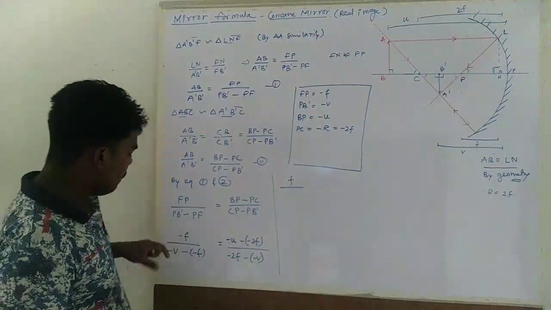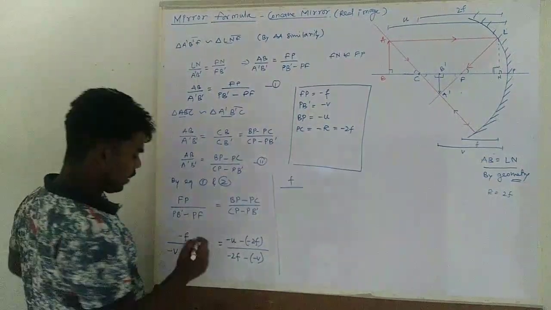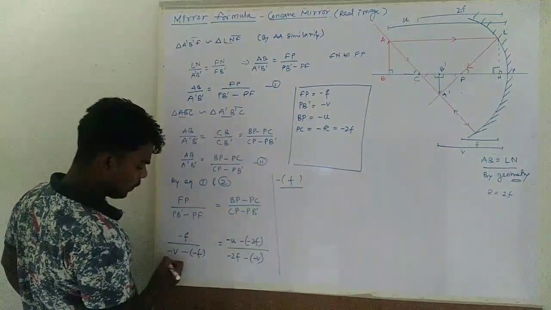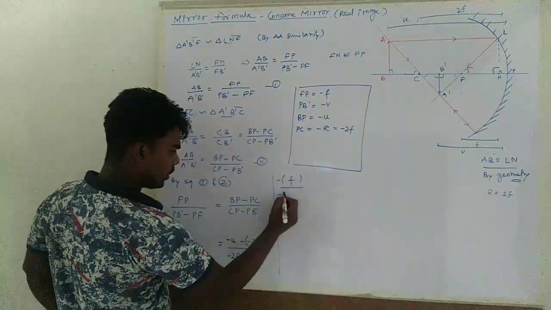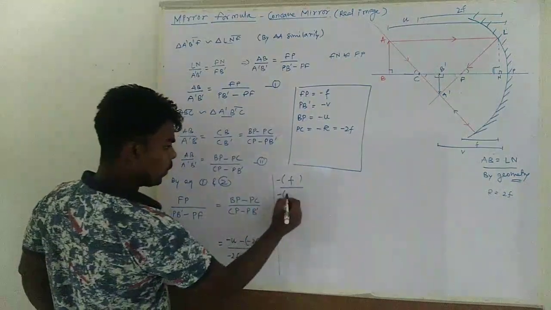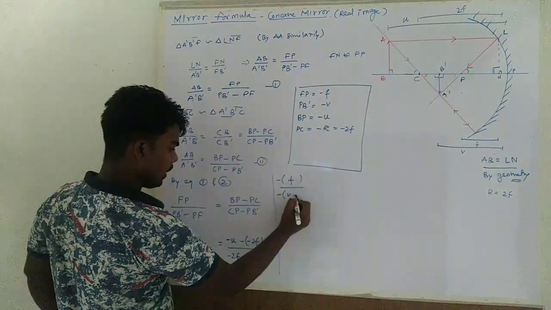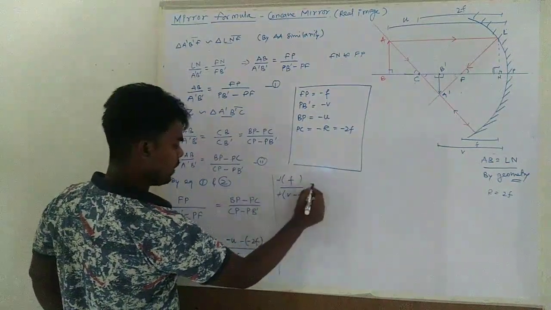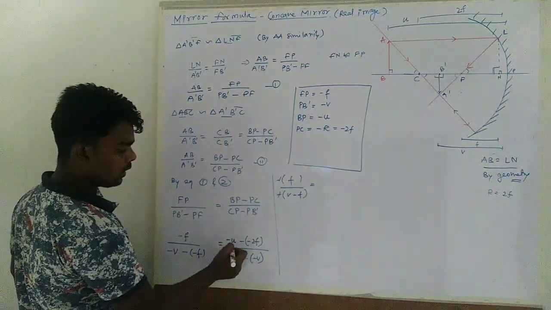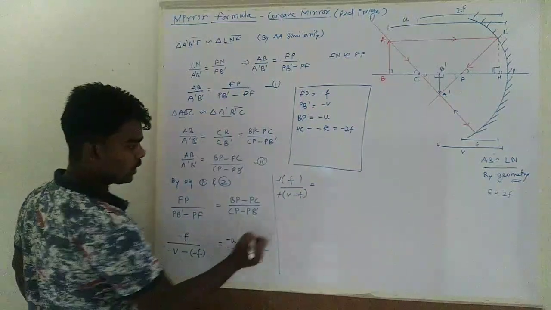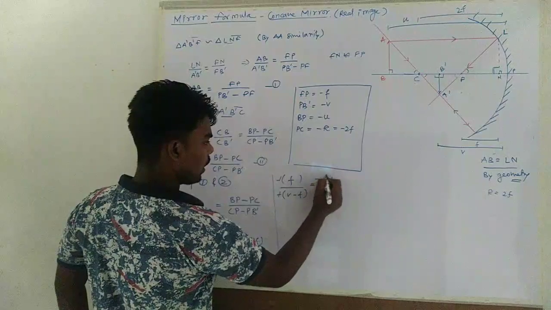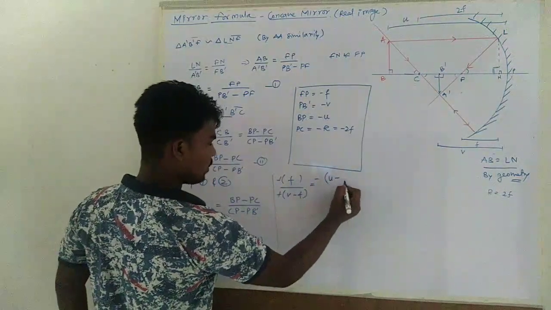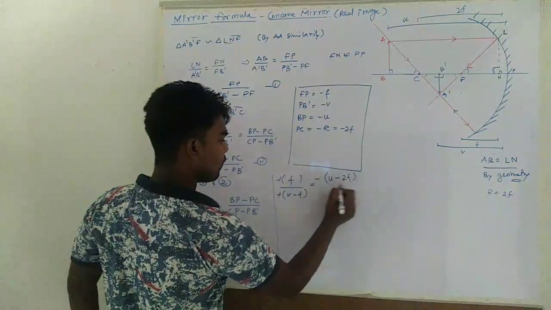So we will take negative F, and negative also from here if you take. So this will become V minus F, and this will be cancelled. This side also, if you take negative, this will become negative, you will take outside: U minus 2F.